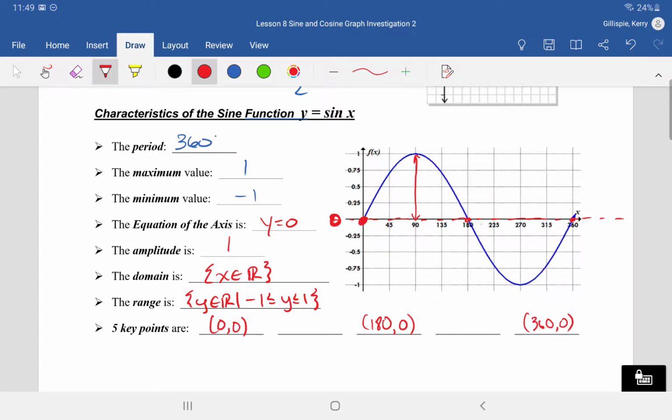So those cover your 3 x-intercepts. And your max is at 90 and 1. And your min is at 270 and -1. So I did x-intercepts first, and I did max coordinate, and I did min coordinate.